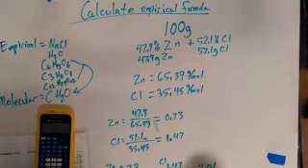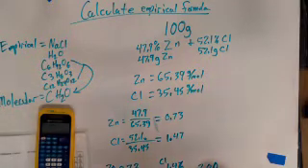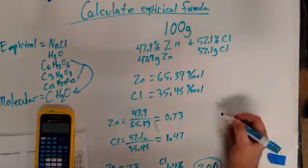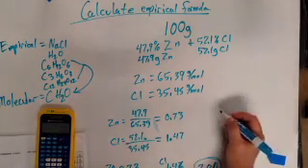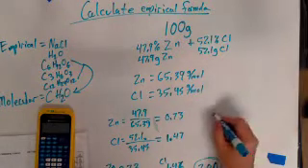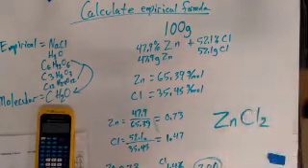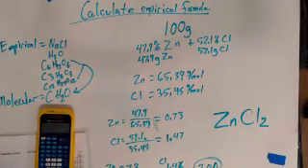I just rounded when I shouldn't have, but that's 2. So now these are our subscripts. So our empirical formula is going to be ZnCl2. All right, how do I know zinc goes first? It's the metal, okay? The least electronegative always goes first.